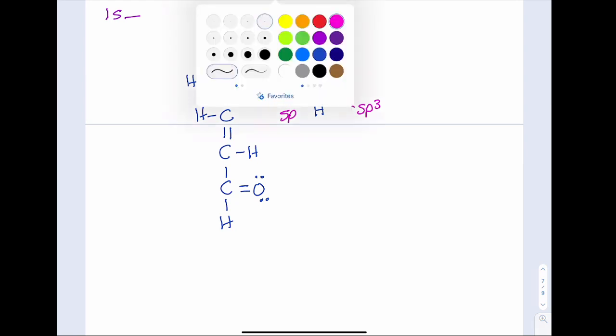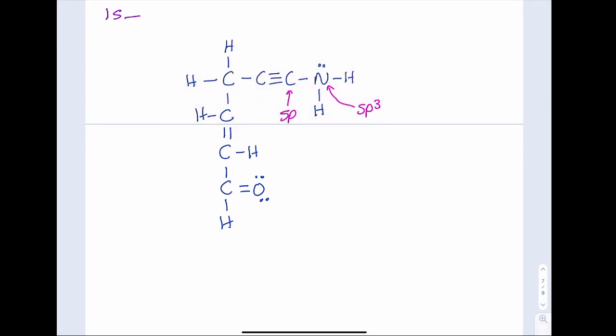Okay, so hopefully you guys did that. So this has 2 electron groups, so sp. This carbon has 4 electron groups. 4 electron groups are going to be sp3 hybridized. This carbon has 3 groups, 1, 2, 3. That double bond counts as 1 group. So 3 groups are going to be sp2.